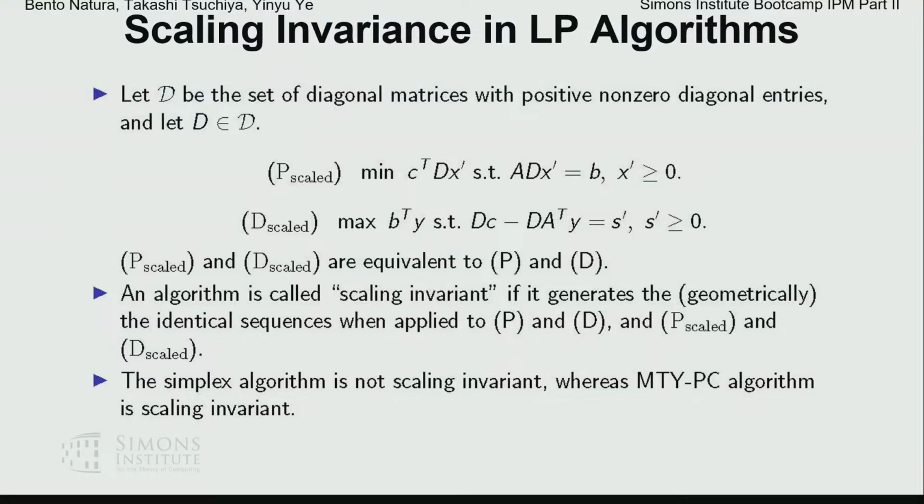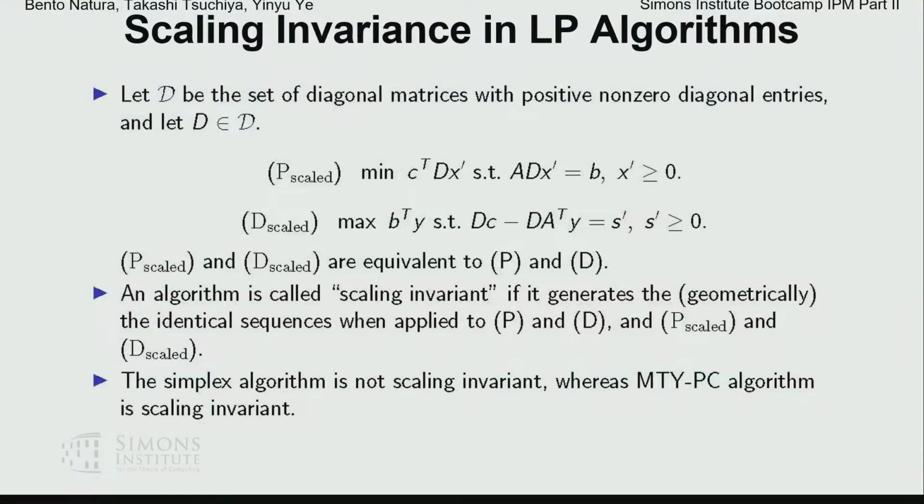Because D is strictly positive, at the basic solution those that are positive are still positive, those that are zero still equal 0. So an algorithm is called scaling invariant if it generates a geometrically identical sequence when applied to the original problem and the scaled problem. When I say scaled, after you scale back, it gives you the same sequence.